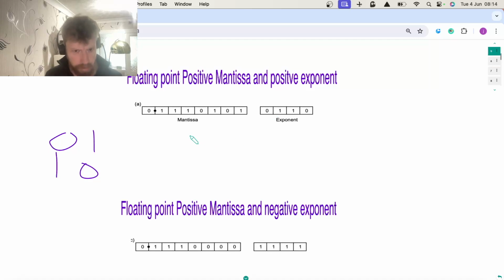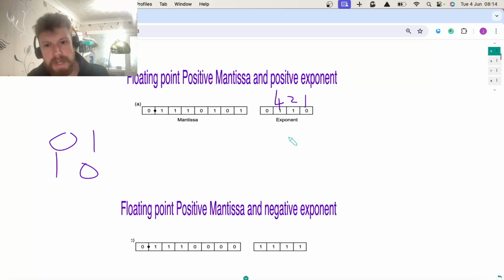So how does this work then? Step 1 is convert the exponent. We're just going to put 1, 2, 4, I could put that there, but it's irrelevant. 6. So that tells us that we're going to be moving the decimal point 6 places. The number's got to get bigger. So we go 1, 2, 3, 4, 5, 6.